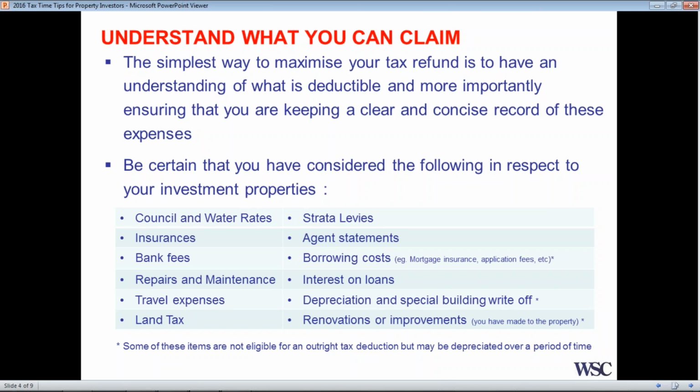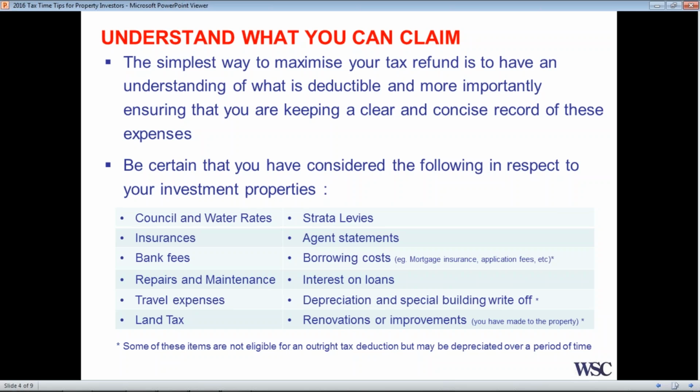You can see there as well additional costs such as repairs and maintenance, which are deductible, interest on loans, and travel expenses, which are particularly deductible, but you've got to make sure generally this is after you've started producing rental income on the property, and pre-purchase travel expenses are not deductible.